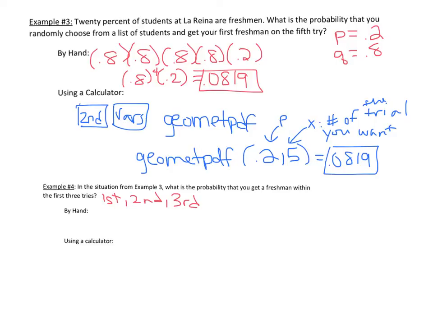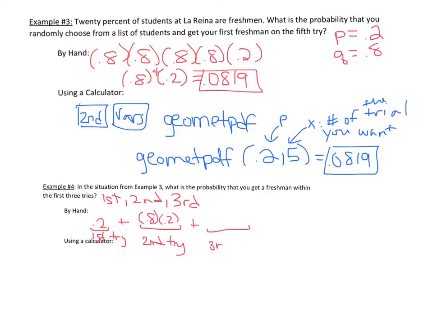If you do it by hand, you're going to do the probability of getting it on the first try. Getting a freshman on the first try is a 20% chance, so I'm going to write the first try as 0.2. Getting a freshman on the second try means that on your first try you don't get a freshman, which is 0.8. On the second one you do, so that's 0.2.